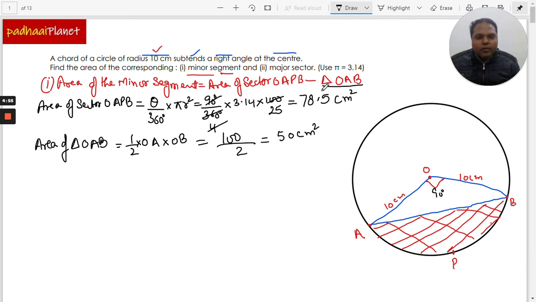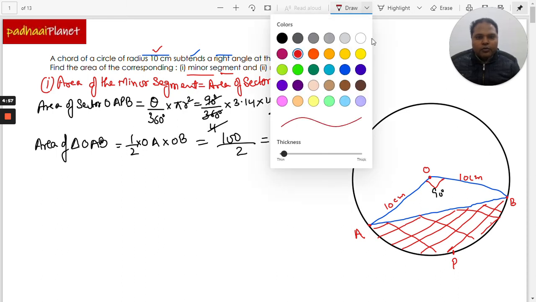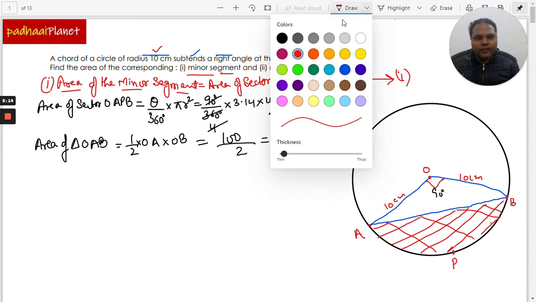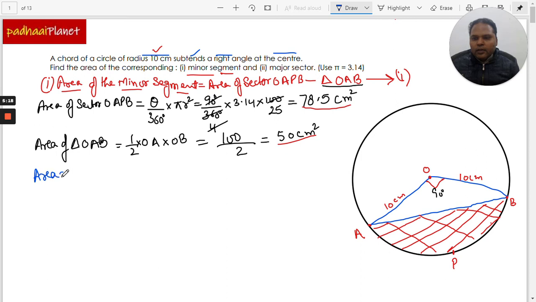Now we have got these two values, right, which need to be put in this particular equation, so let's do that and we will get the area of the minor segment, right? So now let's write down the area of the minor segment.